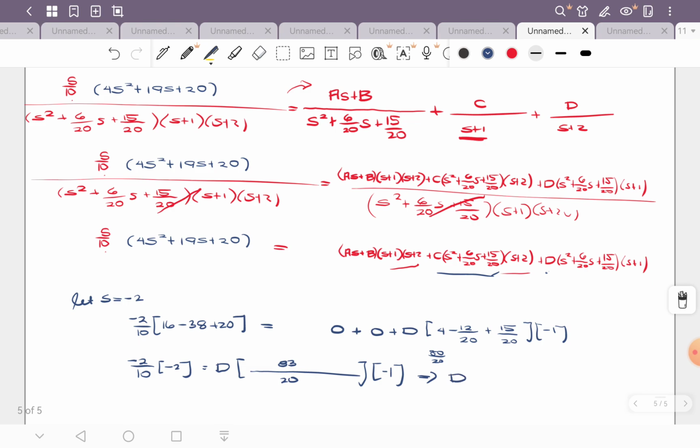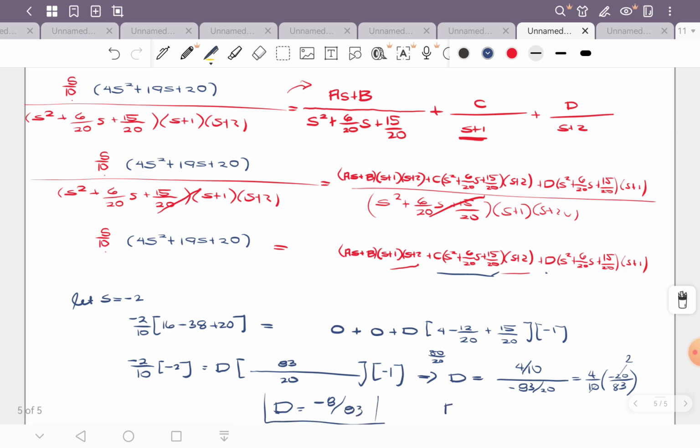Therefore, our d is 4 over 10 all over 83 over 20, or 4 over 10 times negative 20 over 83. Cancel, 2 is left. Our final value is d equals 4 times negative 2, negative 8 over 83.